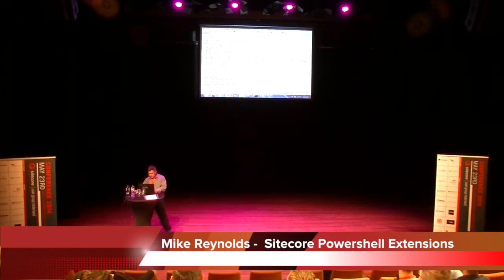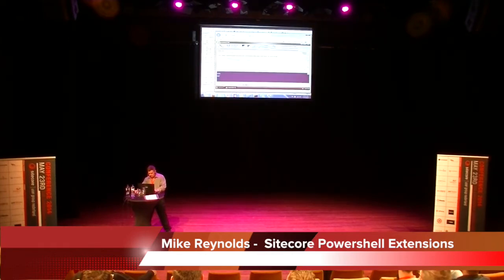So pretty much what this is doing is grabbing the current item by context, which is this right here, within the master database. So you can actually change the database, whatever. And then I'm creating two arrays here.